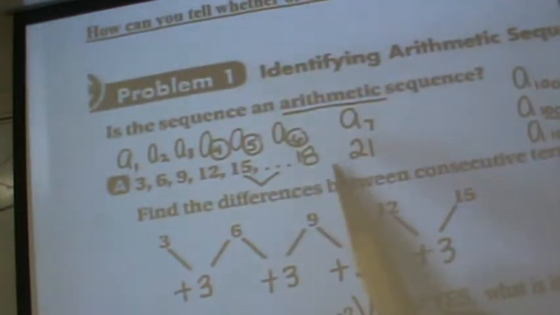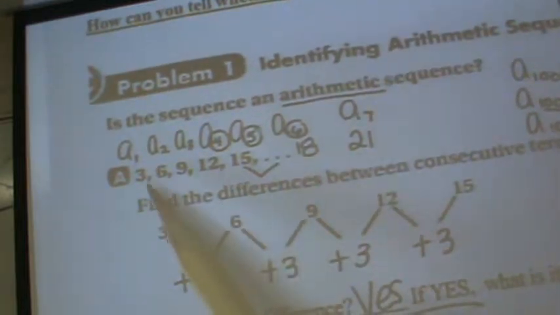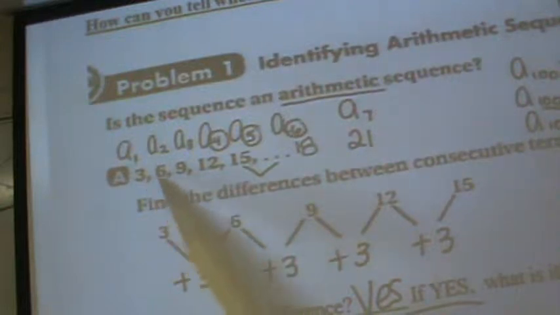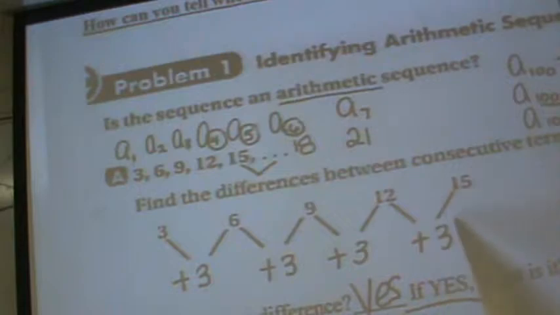Yesterday, we wanted to determine whether or not a sequence was arithmetic. We had to look at what? Whether or not we had a common difference. If there was a common difference, a first common difference, it was. So A was, because we were adding 3 on that one, and B was not.